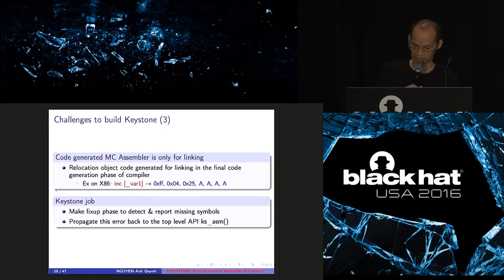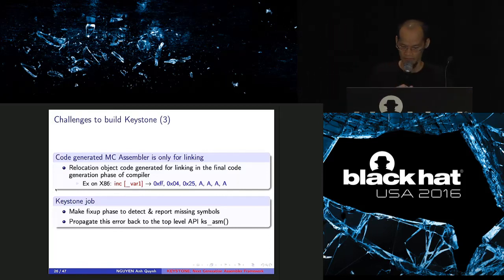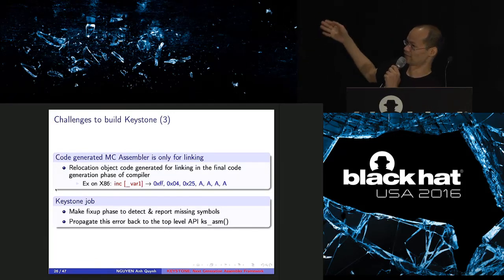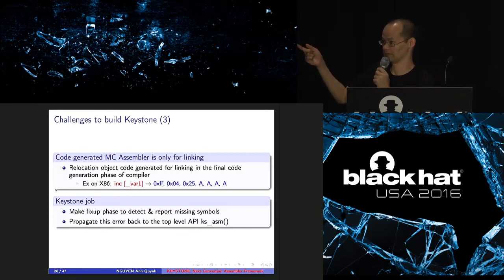The next challenge is that the code generated by MC, by LLVM, is not consumable, not ready to use, because the code is just for the linker as the next phase in the compiler setup. For example, you compile that instruction, it just compiles and returns something like those bytes and AAA after that. AAA means it doesn't know where var1 is.